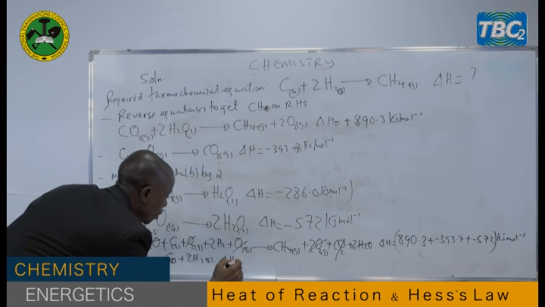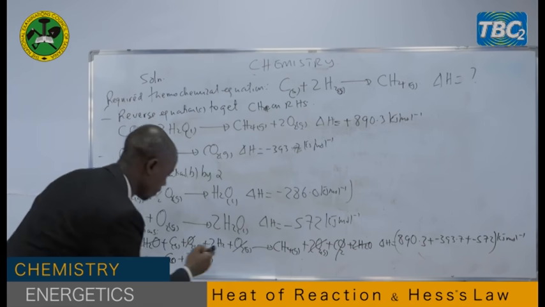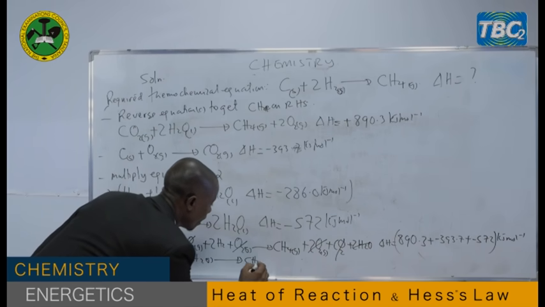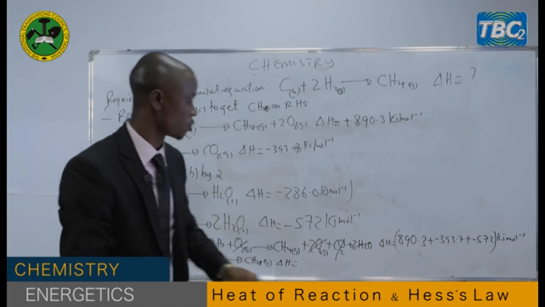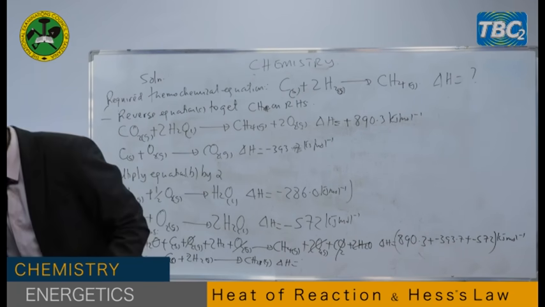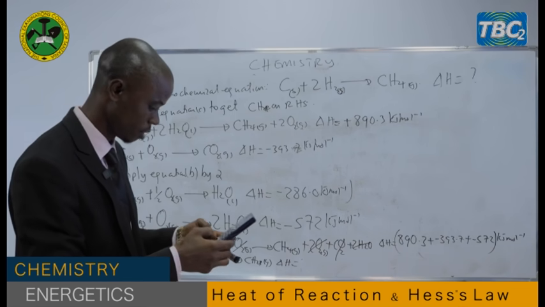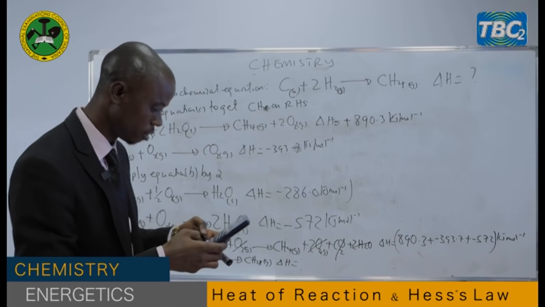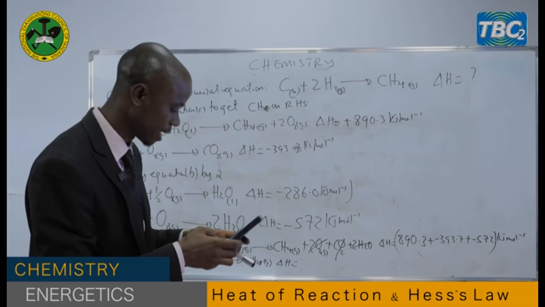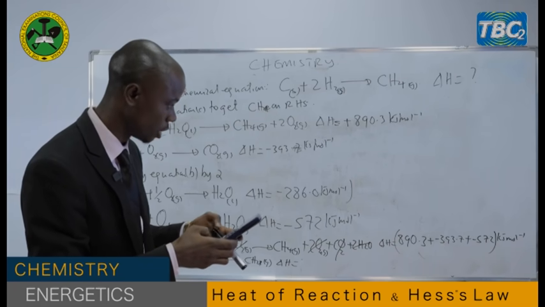The enthalpy change, to give methane gas. For this reaction, you also sum the enthalpy changes given. You just use your calculator. That means you take 890.3 kilojoules per mole plus negative 393.7 kilojoules per mole plus negative 572 kilojoules per mole.